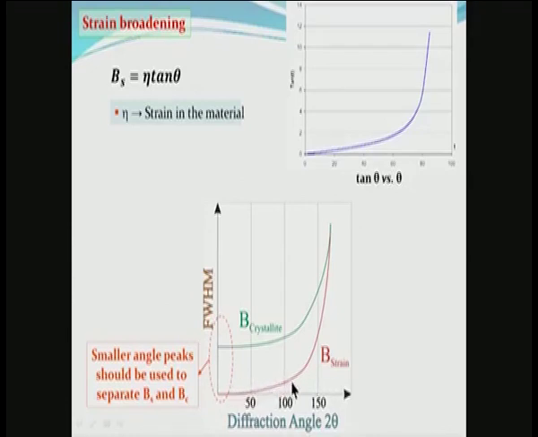This brown graph shows the variation of B due to strain, and the green graph shows the variation of B due to crystallite size with respect to theta, and one can see that at small values of 2 theta, there is a significant separation of BC and BS, and therefore, one should use low-angle X-ray diffraction peaks to separate the contribution from crystallite size and from strain effects.